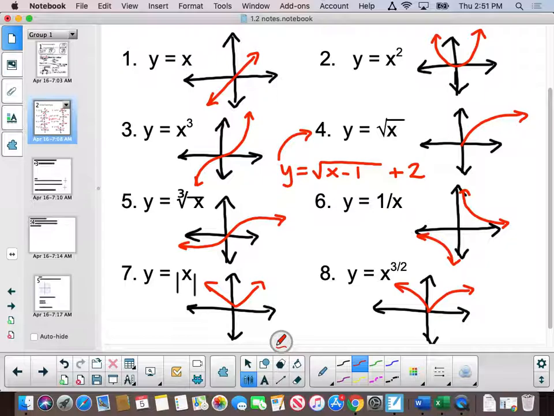So you need to recognize this and say, wait a second, that's a square root graph. All I'm going to do is move it from 0, 0 to the right one and up 2, and let's just pretend it's about right there, right? So you need to know how to depend on your calculator and not depend on your calculator throughout the year, because half your AP test is with the calculator, half of it is without it.